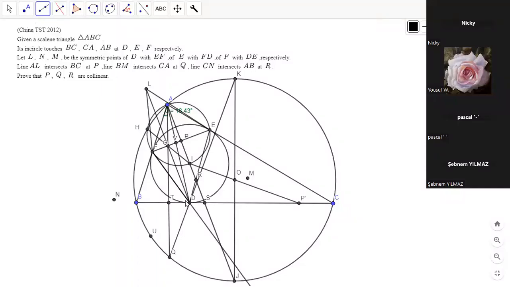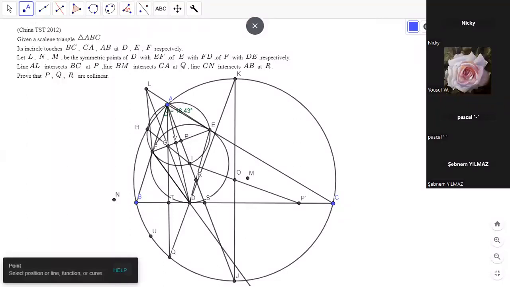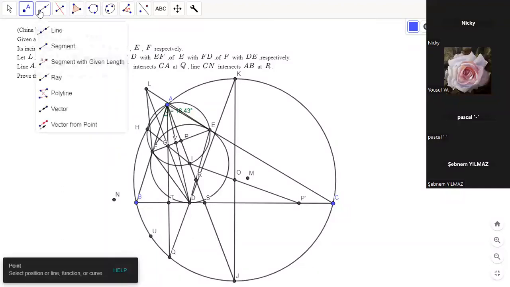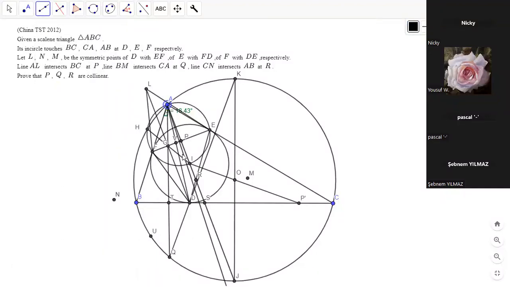Also, if this doesn't work, maybe we can project through A onto the circle ABC, because we want to use that A, G, and Q are collinear.